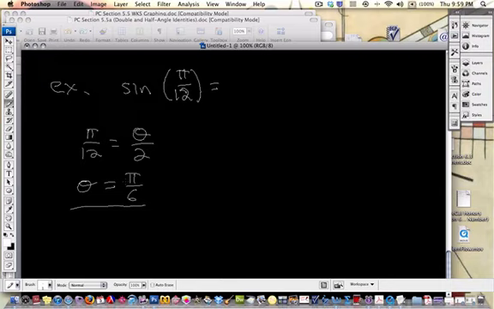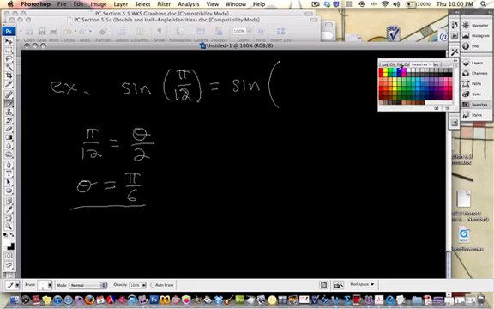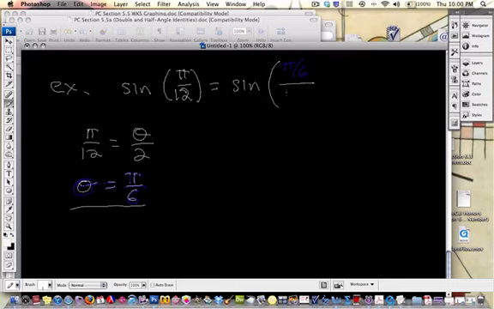So I'm thinking of this as sine of, I'll do this in a different color like I did the other one, pi over 6. That's what's being divided by 2.